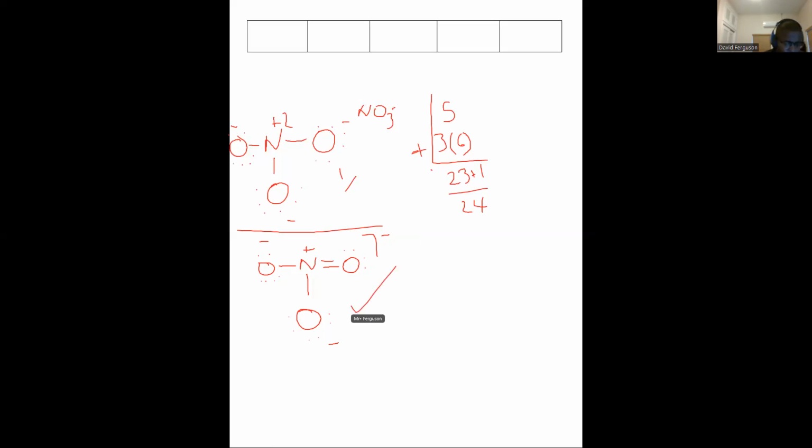You notice that we were able to draw two structures. You can draw different structures, so just keep that structure in your mind. We can draw a structure where we have the double bond here, and then we have a single bond here.